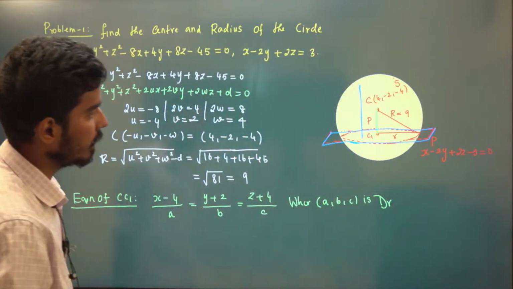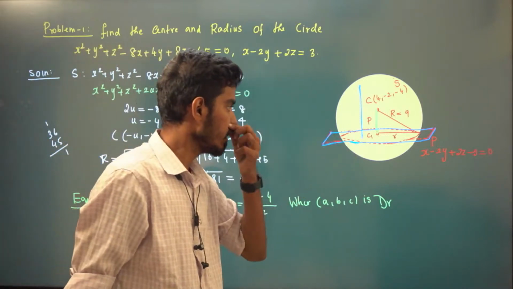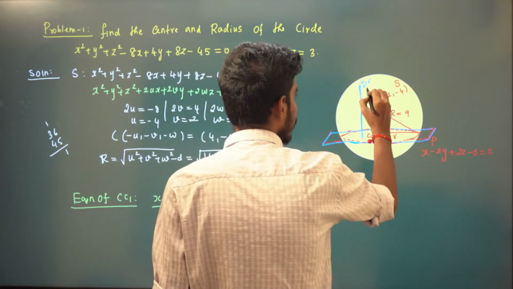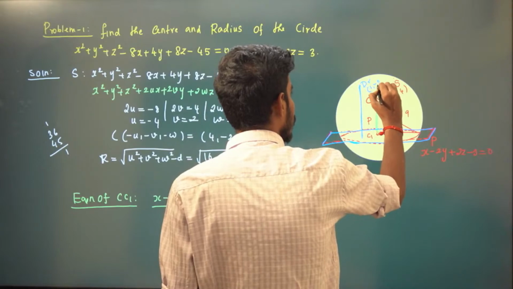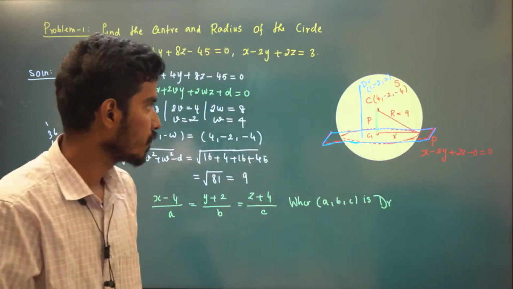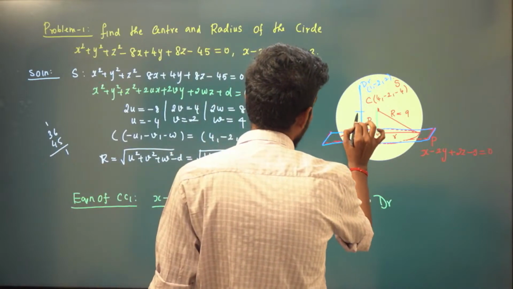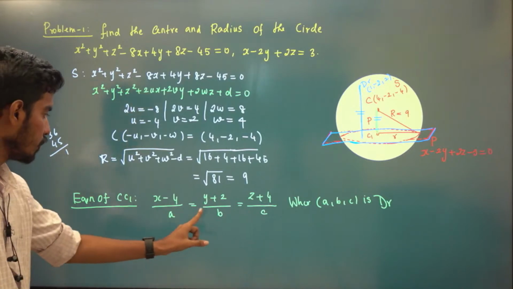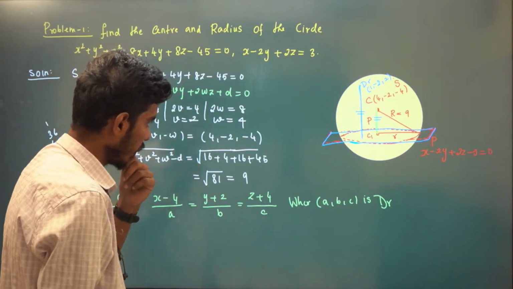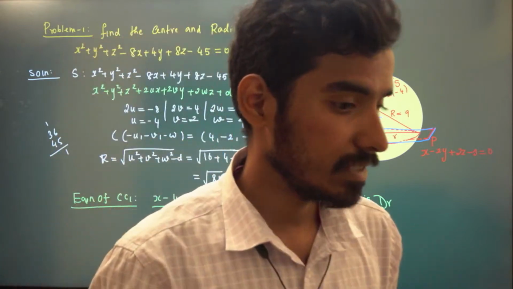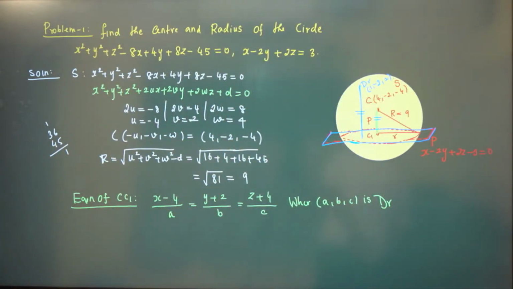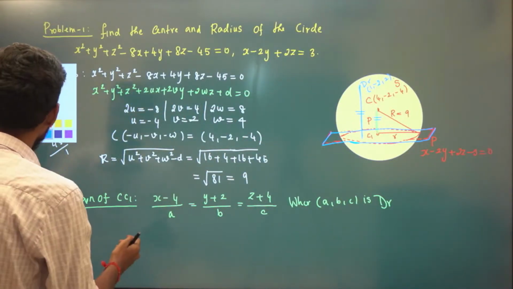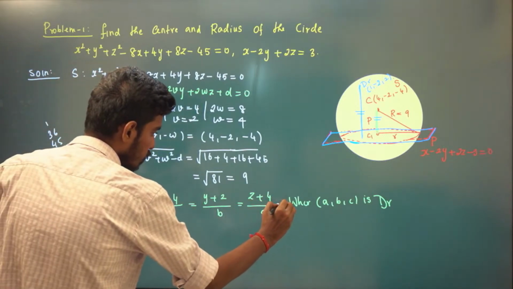Now, what is the direction ratio of the normal to the plane? It is 1, −2, 2. Now we can see these two lines are parallel, and we need to find the equation of CC1. This is a very important problem, so just understand this concept. Before that, let us say it is equal to some k.